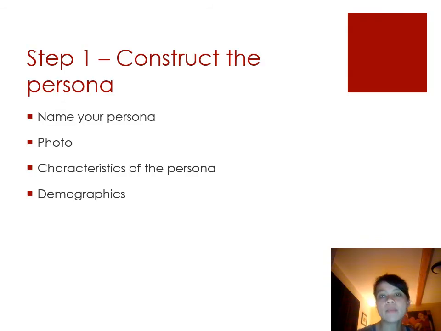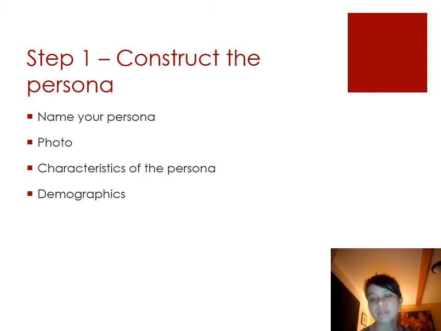Okay, so step one to construct a persona would be to name your persona, come up with a name for it, find a photo for it, find characteristics, and find the demographics. So what is this person like? How old is this person? What gender? Where is he or she from? If a student, then what year of the program is he or she in.